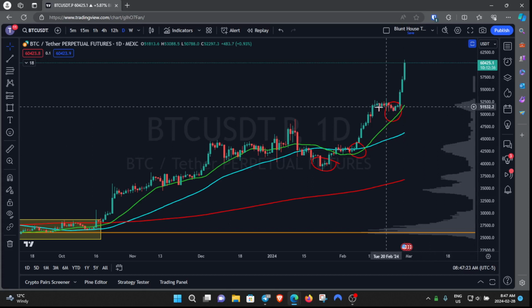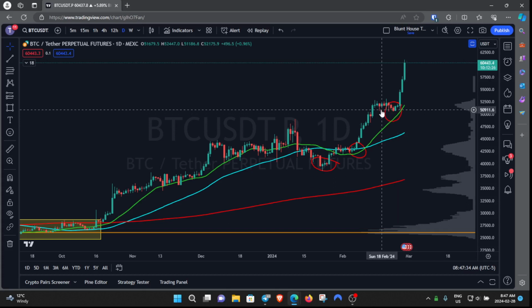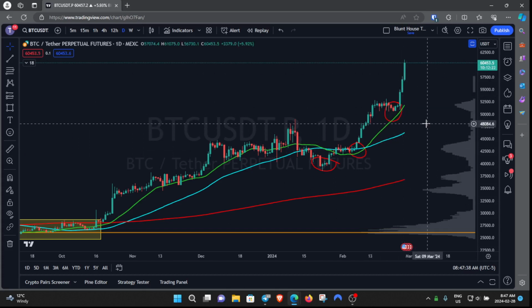These are the areas where it will find or has found some support, and you can see them. And on the retraces back, you can expect the same on the way down. These shelves in this past price will become important. If price breaks them with velocity, that's a signal that there's some heavy selling on the way down.